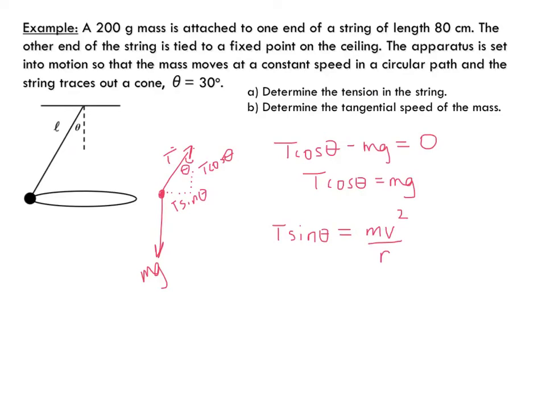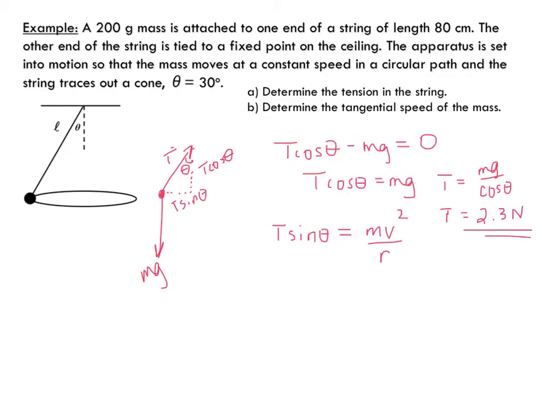So if I know mg and cosine theta, then tension will be equal to mg divided by cosine theta, which gives me a value of 2.3 newtons using gravity as 10 meters per second squared. So we solve for our tension.